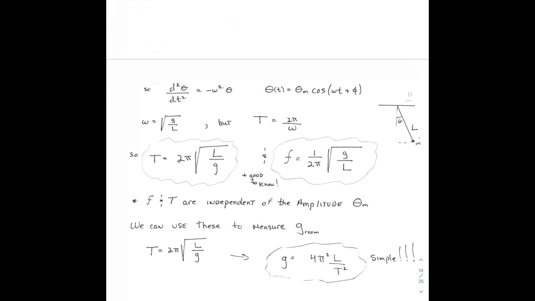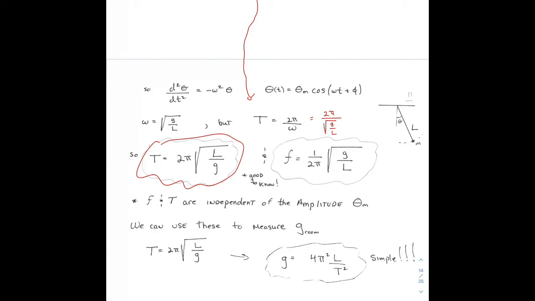So omega squared is g over L, and then to find the period, period is 2 pi over omega, where omega is the square root of g over L, so the L flips up on top, and that gives me the period for my simple pendulum.